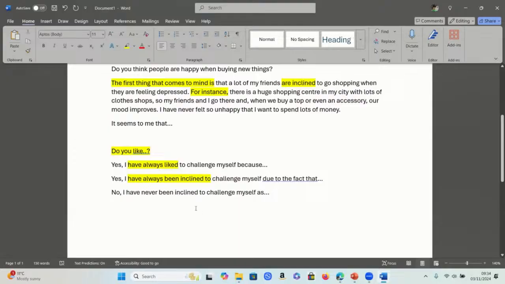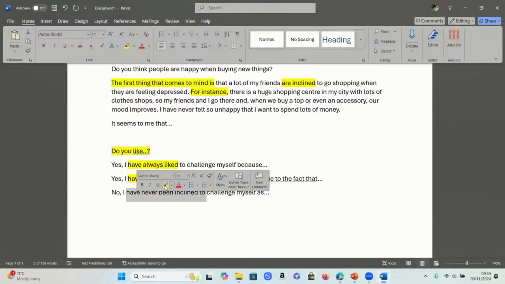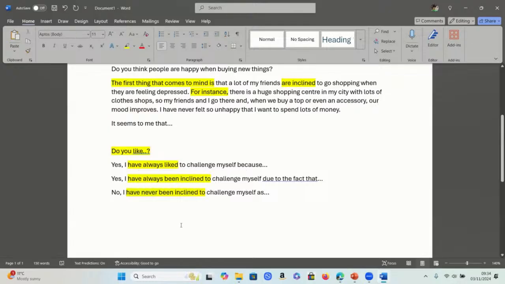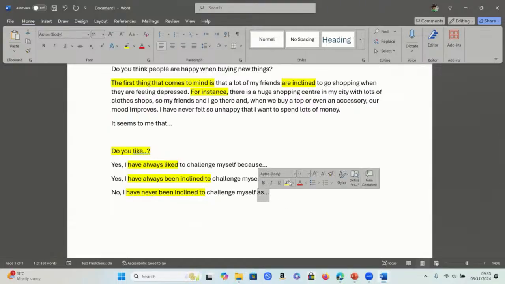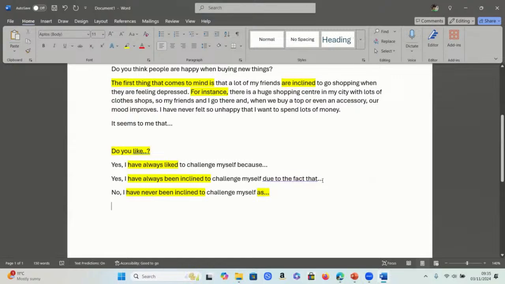And then there's a negative version of the second one. Here you've got a very good one as well, because you've got present perfect. You've got "inclined to" instead of "liked." You've put "never," so you've done the negative, which can sometimes be a little challenging. And this time you've got "as" instead of "because," which also shows variety in your vocabulary and joining words.